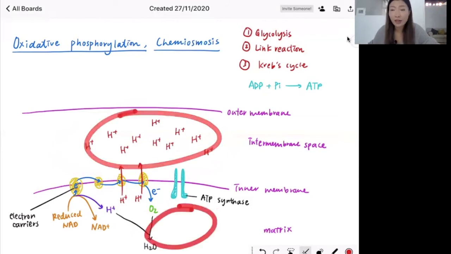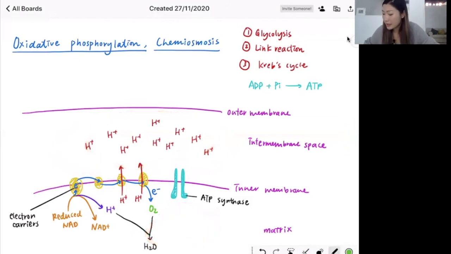Hence hydrogen ion will have a tendency to move back into the matrix from high to low concentration, and it moves through this ATP synthase enzyme, like a motor. When the hydrogen ion is rushing down the ATP synthase, this provides energy for the enzyme. And what this enzyme is doing is that process we mentioned earlier.